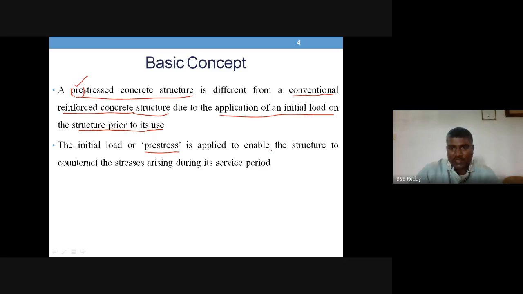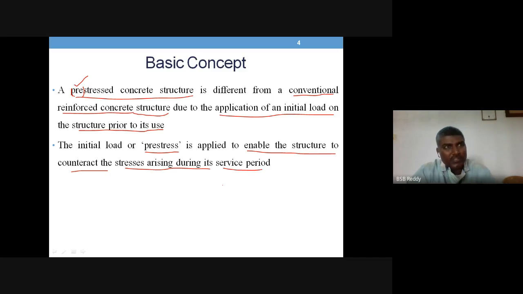is applied to enable the structure to counteract stresses arising during its service period. For example, if a conventional RCC structure is built, we know what type of stress it is going to receive under the regular loads that we estimate.